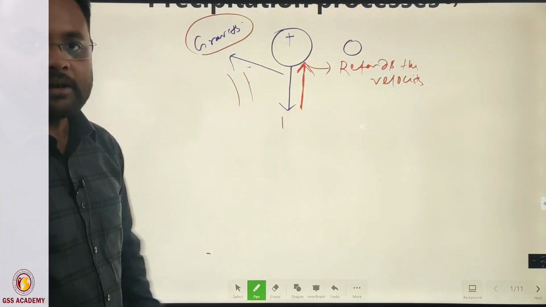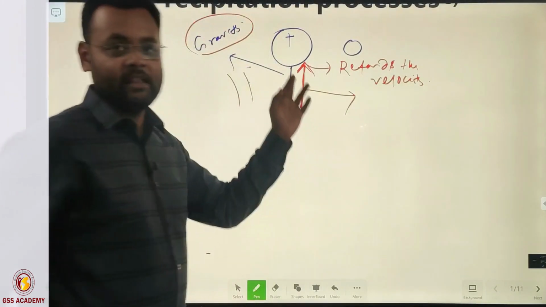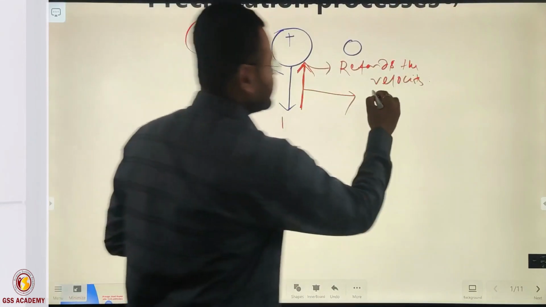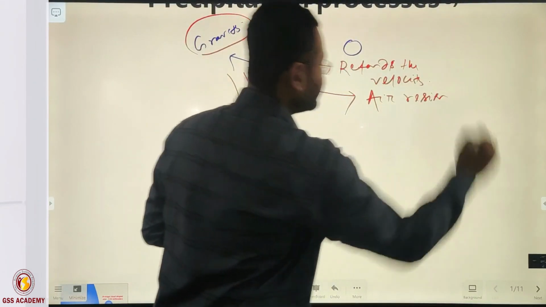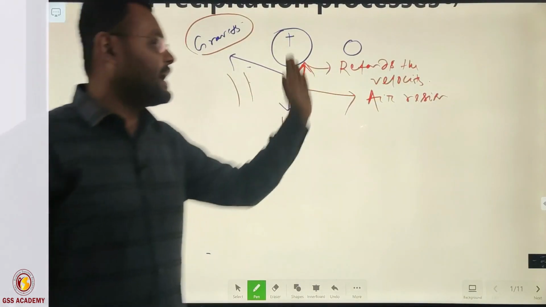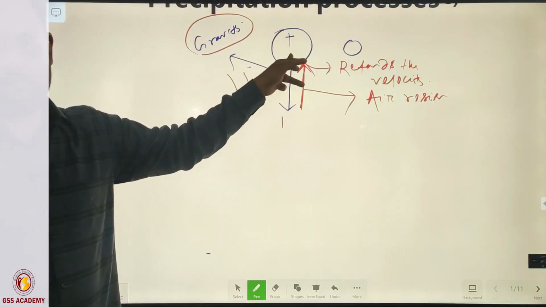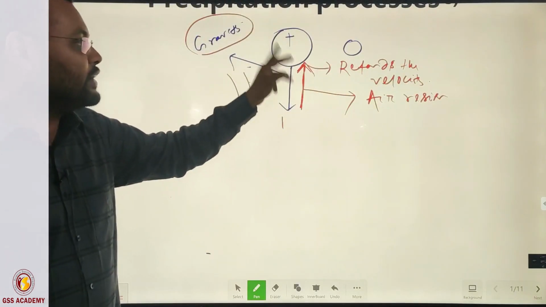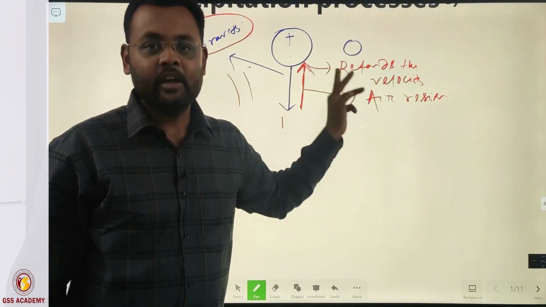I think you may have now understood that this particular force is nothing but the air resistance. That means as soon as this droplet starts to fall, the air resistance will not allow it to fall freely, and it will retard the velocity of this rain droplet.